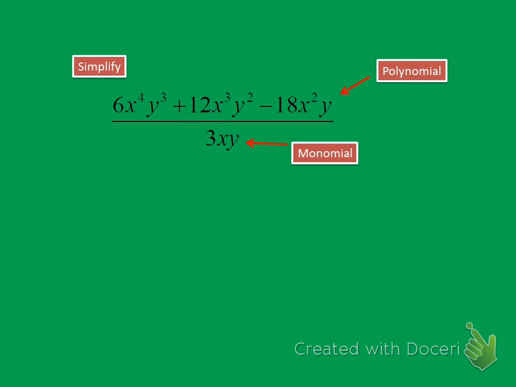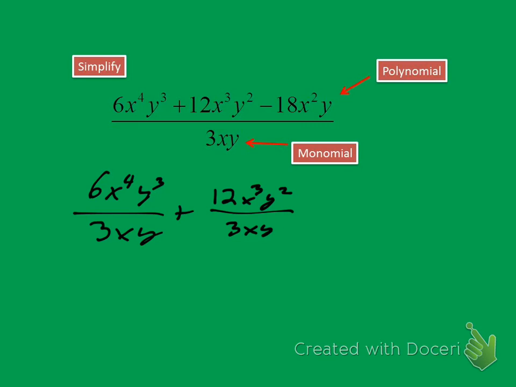So to make this more practical as far as our work goes, you need to write that as 3 separate fractions. 6x to the 4y cubed over 3xy plus 12 x to the 3rd y squared over 3xy minus 18 x squared y over 3xy.